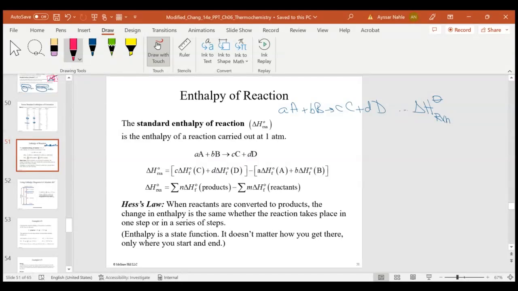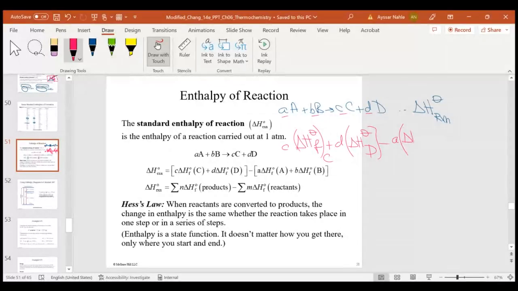I start off with the products, of the substance D, minus, now I go to the reactants, minus a multiplied by the delta H naught formation of substance A, minus b multiplied by delta H naught formation of substance B.